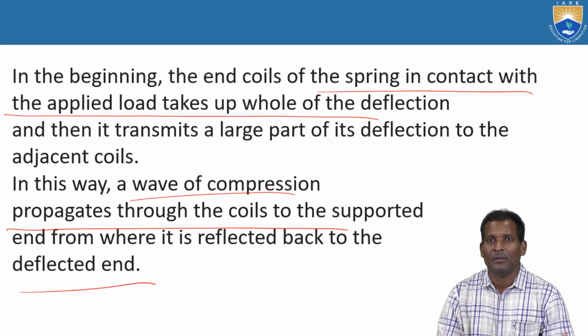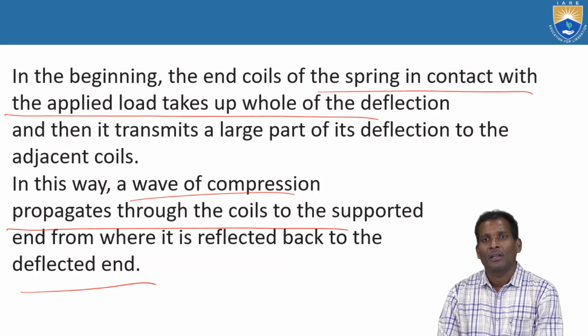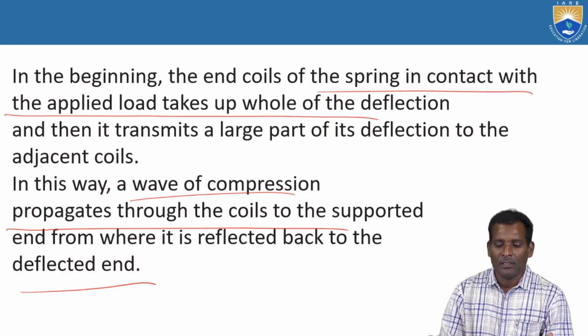The coil in contact with the applied load takes the deflection and transmits a large part of it to the adjacent coil, and that coil transfers it to the next adjacent coil.